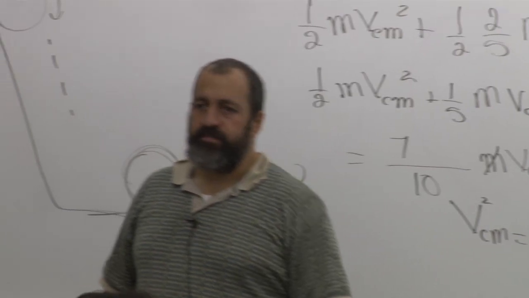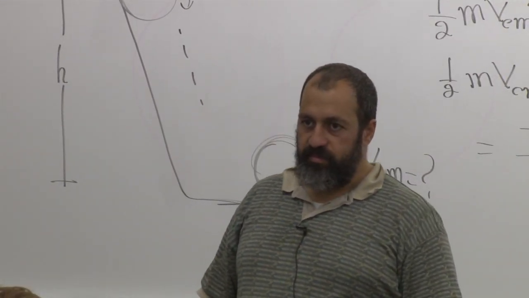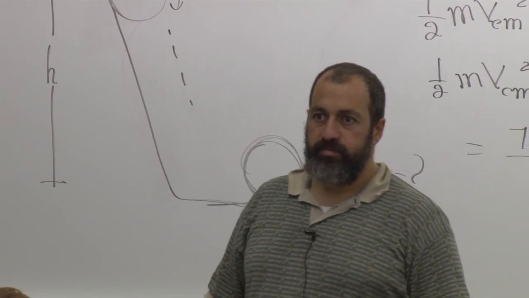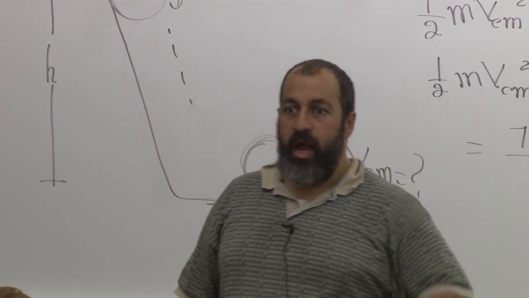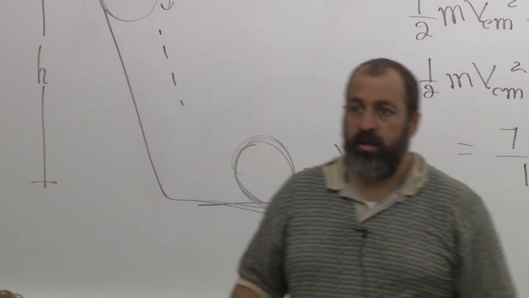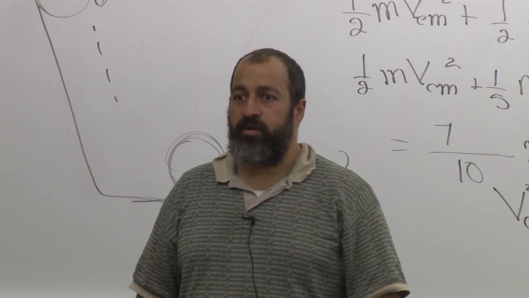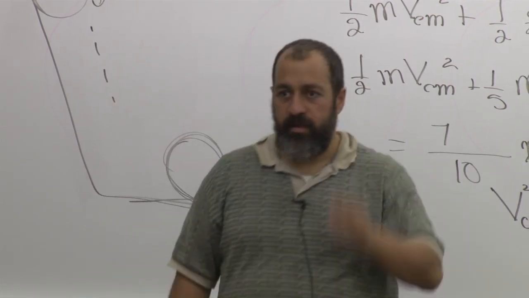Yes? Can you say again why initially it's 1/2 m v squared and not just the 1/2 I omega squared on its own? Because, okay, imagine now, the question was, why do we have to have both? Okay, come down here.